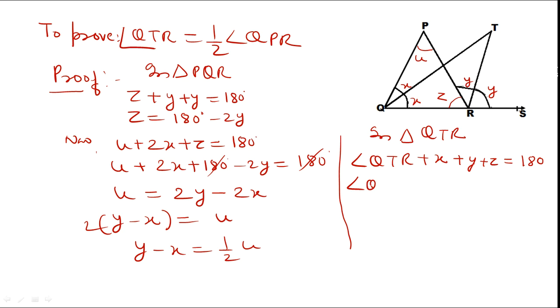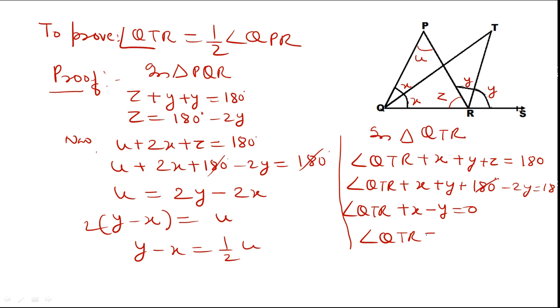Angle QTR, x is x, y is y, and in place of z again I write 180 minus 2y, that is 180 degree. So 180 and 180 get cancelled out. So angle QTR plus x minus y is equal to 0. Angle QTR is y minus x.